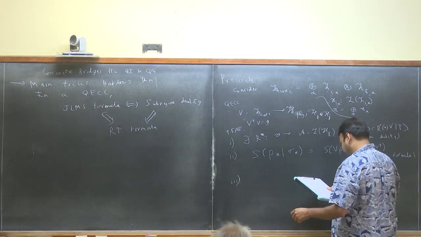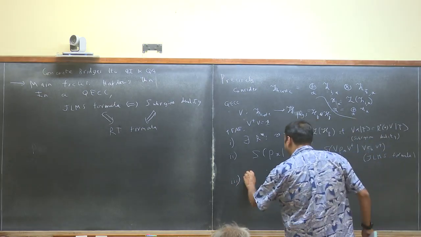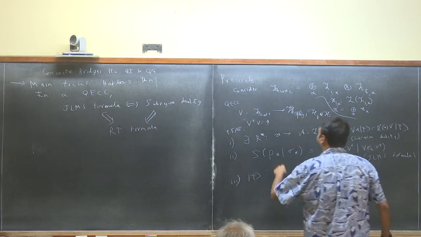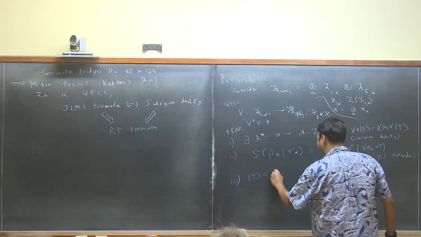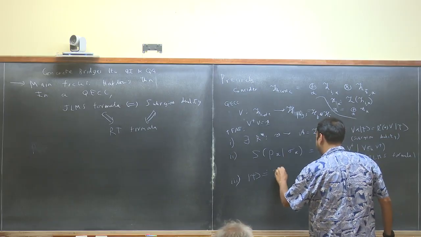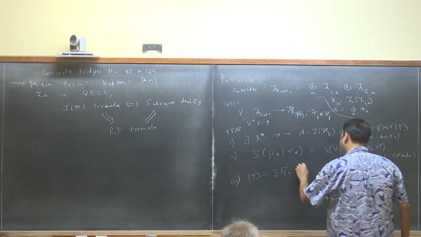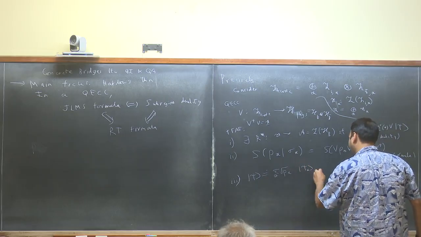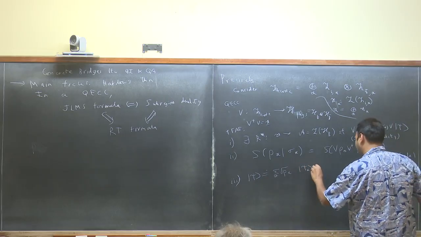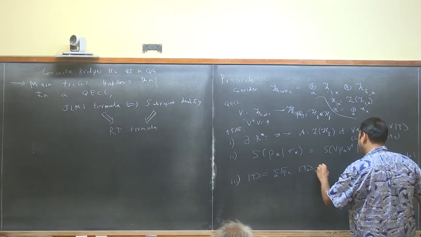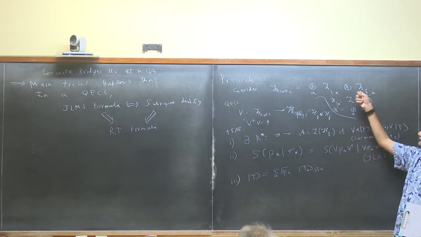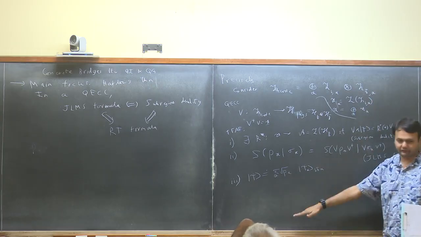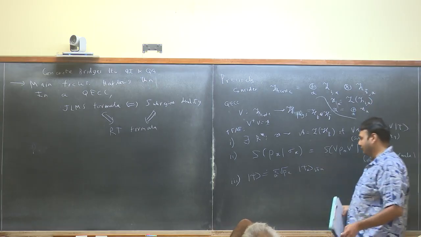And the final one is that because your H code has this particular form, every state in H code looks like a sum over alpha of square root p alpha psi alpha on b alpha, b bar alpha, where psi alpha lives in H b alpha tensor H b bar alpha.